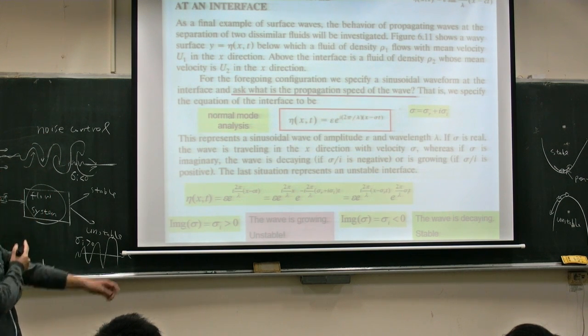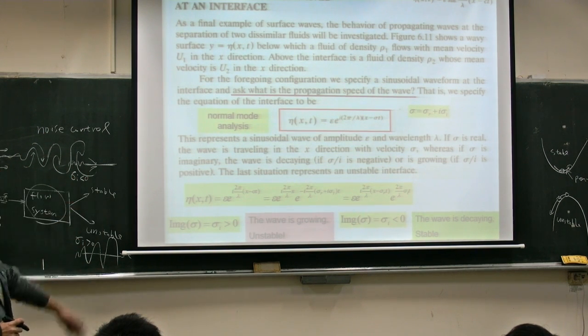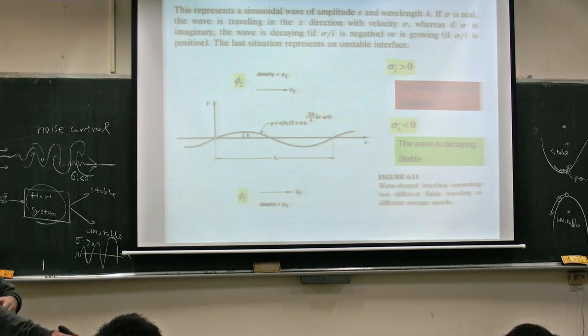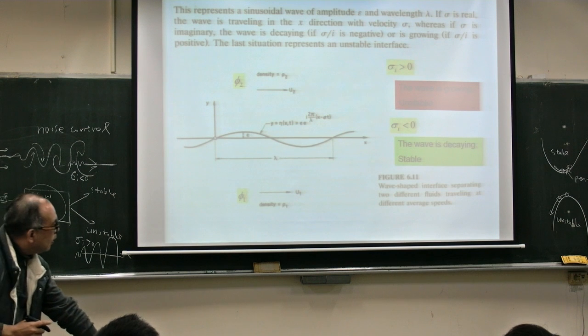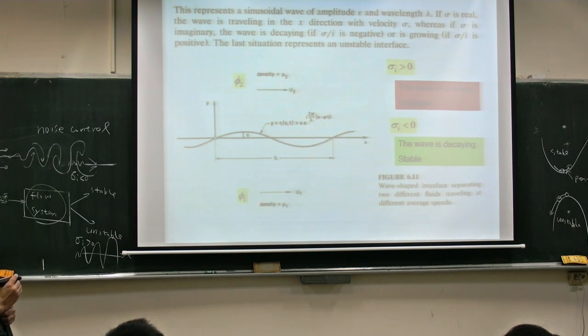So here is what we try to do with this flow system. We try to introduce this physical problem: two fluids, above with density rho 2 and velocity U2, and below with free stream velocity U1 and density rho 1, and this is the interface.